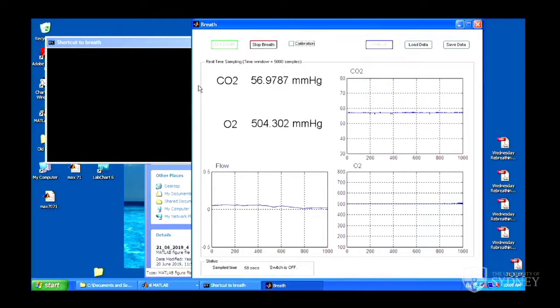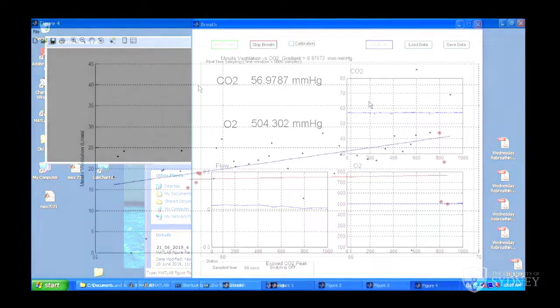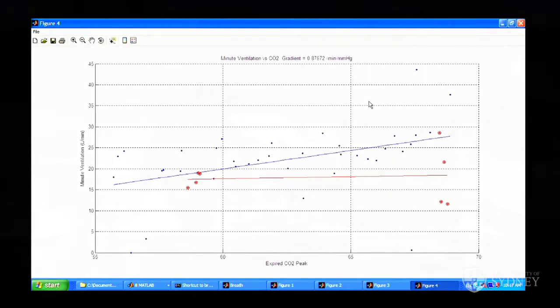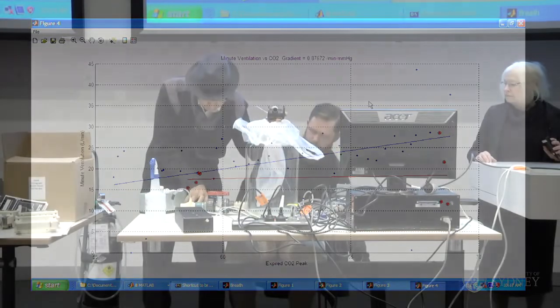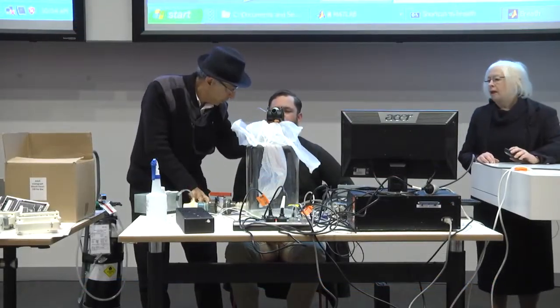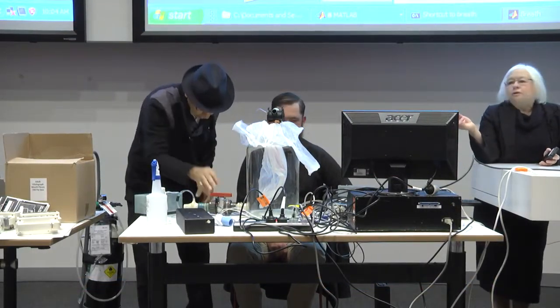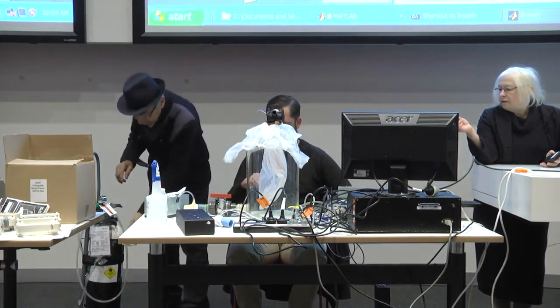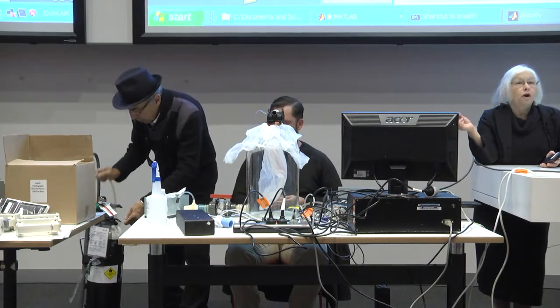This particular experiment also gives an opportunity to talk about what stimulates breathing and some of the things that affect the drive to breathe. Now, Adele's going to fill the bag with the CO2 in oxygen.